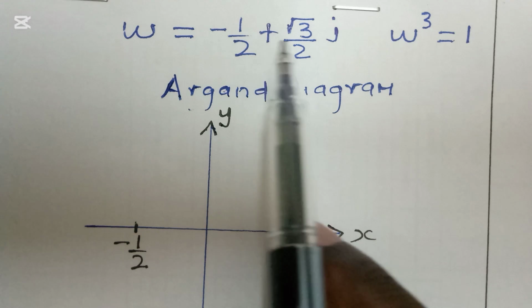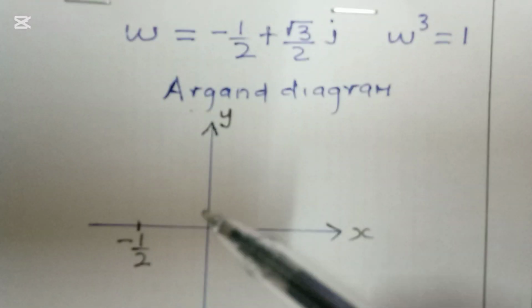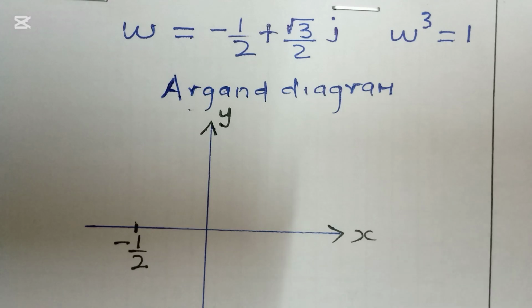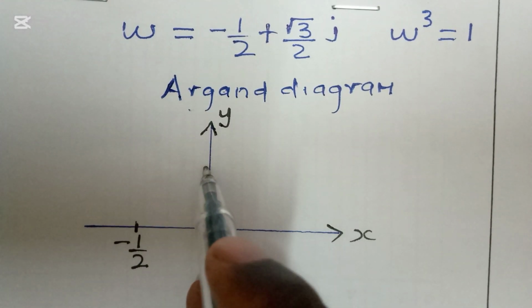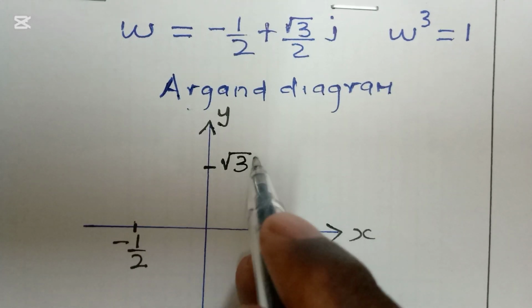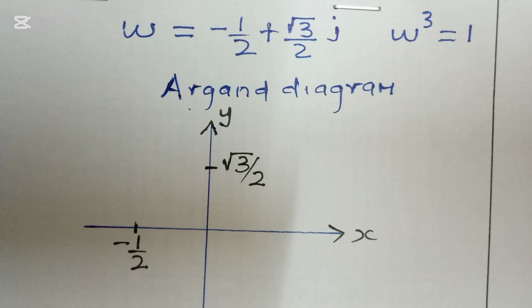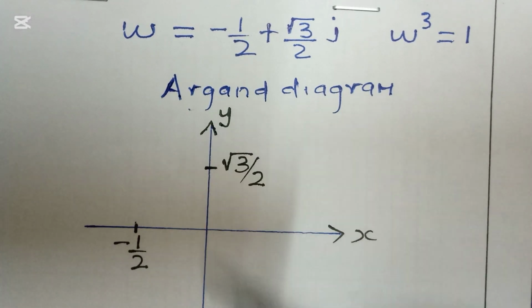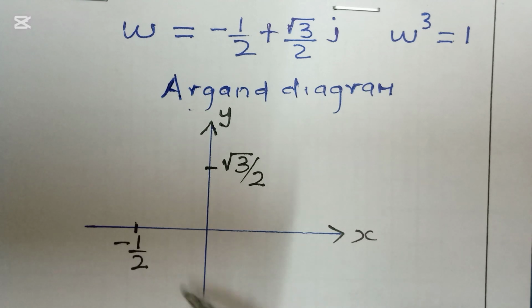And then we are told the imaginary part is root 3 over 2, which is supposed to be on this side. And so guys, we are now going to go up here at root 3 all over 2. That is our positive side along the imaginary line, which is now y.